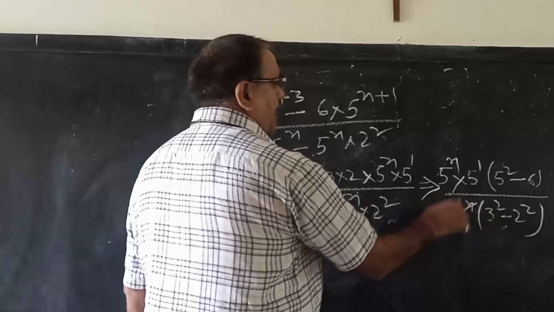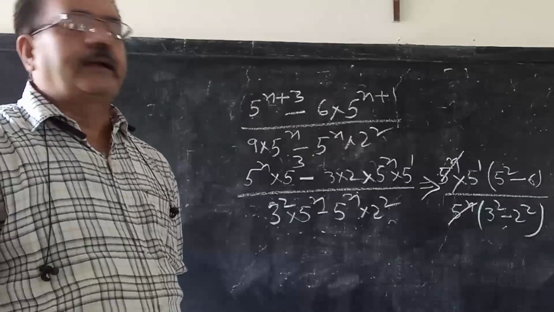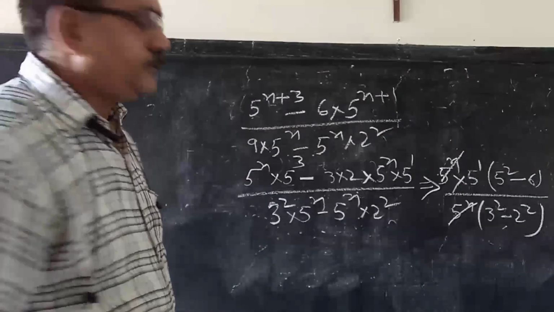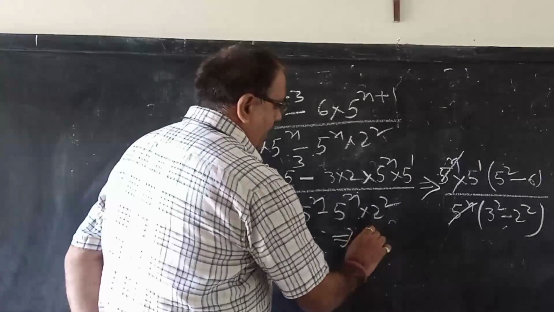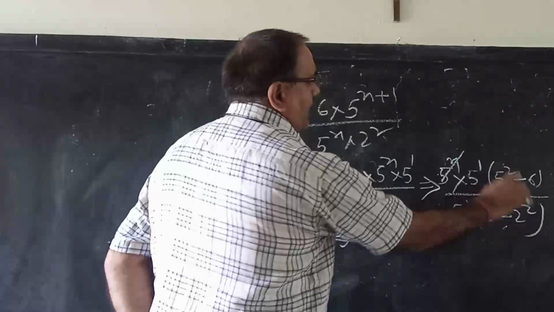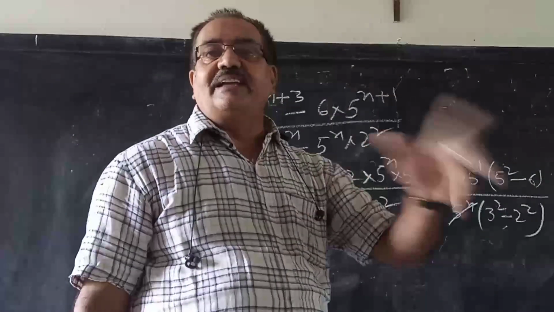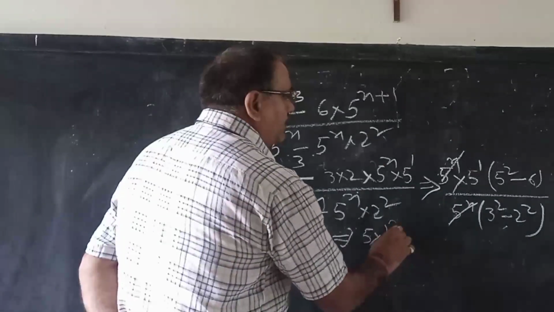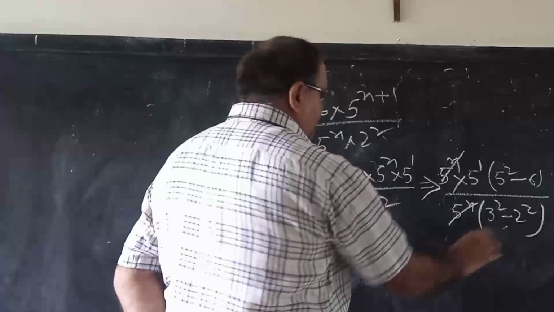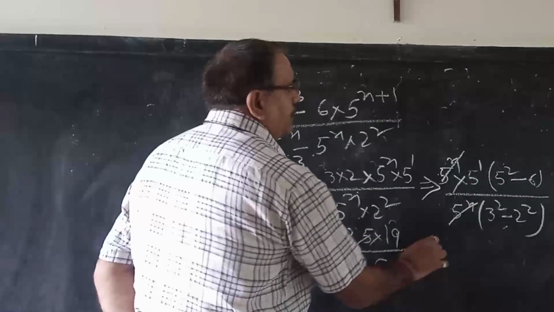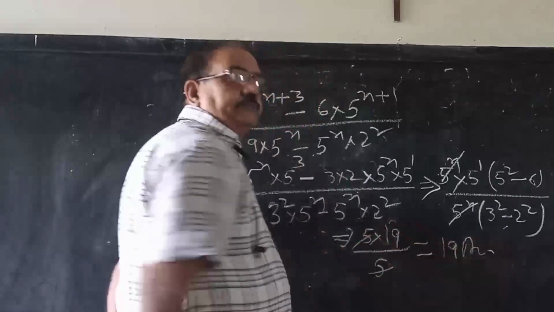Now see here, this 5 to the power n we can cancel. After that, 5 squared means 25, 25 minus 6 is 19, 19 by 3 squared which is 9, 9 minus 4 is 5, cancel. That is equal to 90 is the answer.